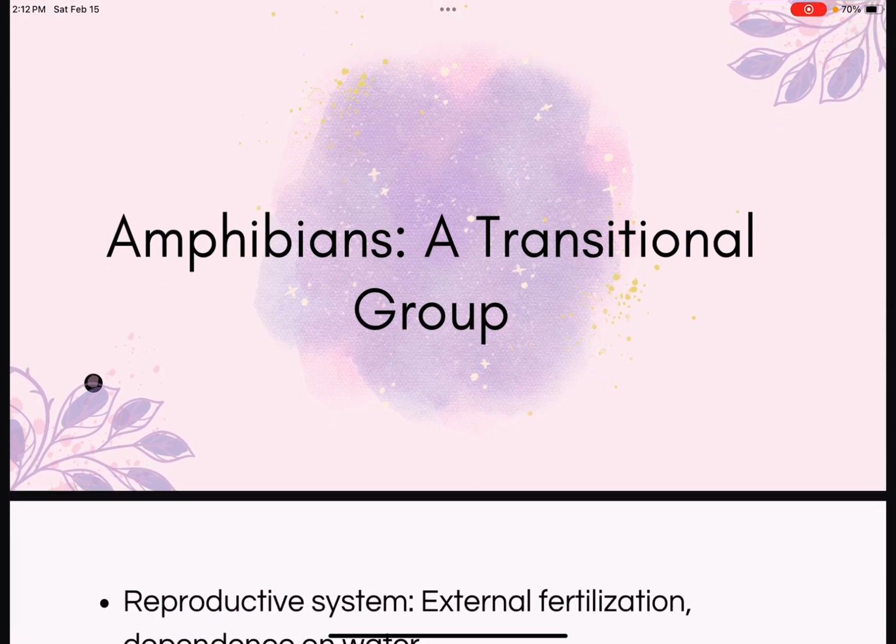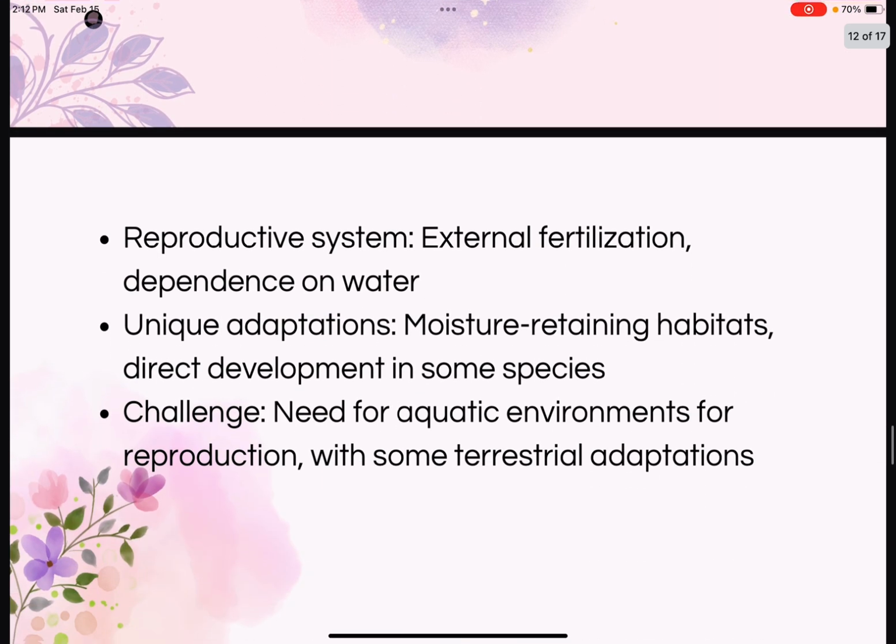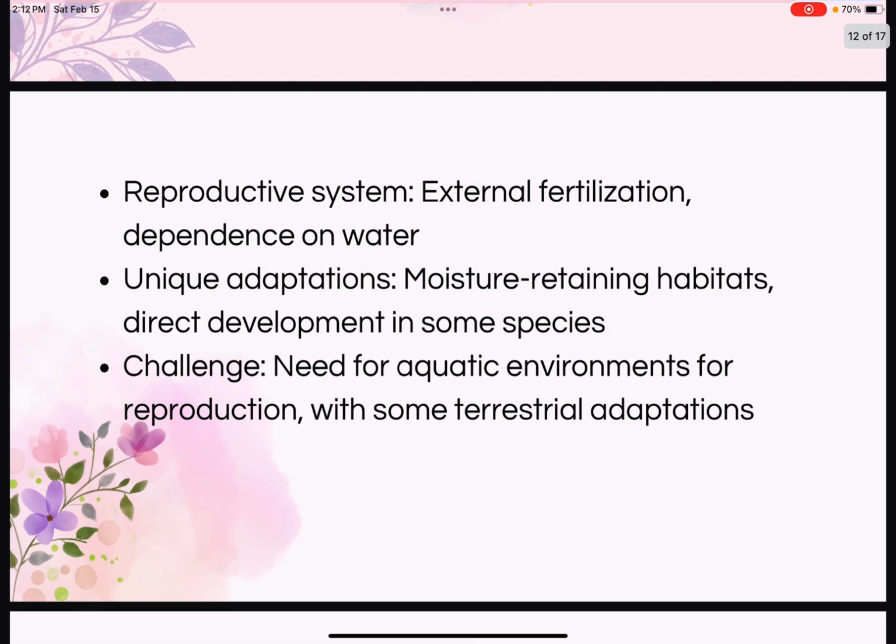Amphibians, a transitional group. Amphibians like frogs, salamanders, and caecilians are unique in their dependence on water for reproduction. Though they also represent the first group to move onto land, amphibians typically require water for external fertilization and the development of their eggs.